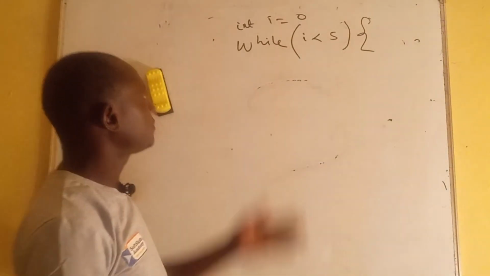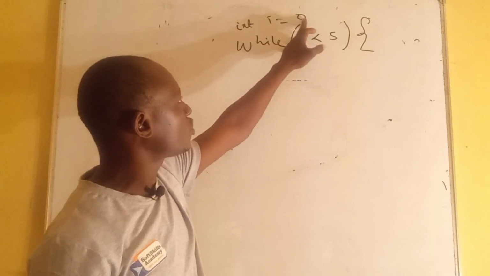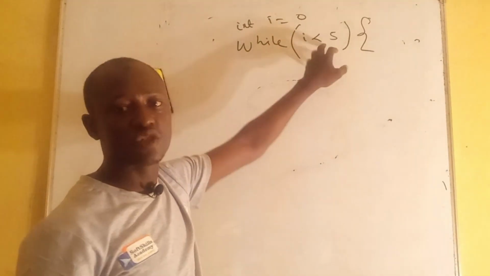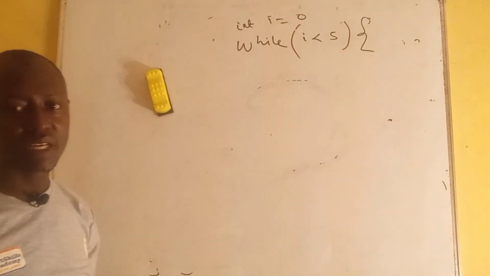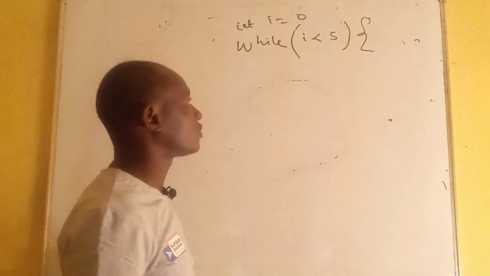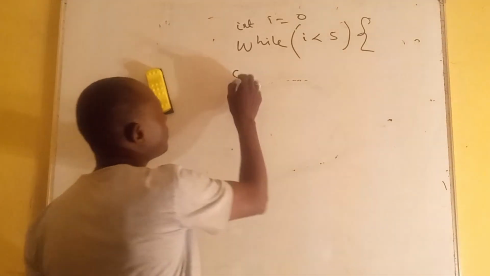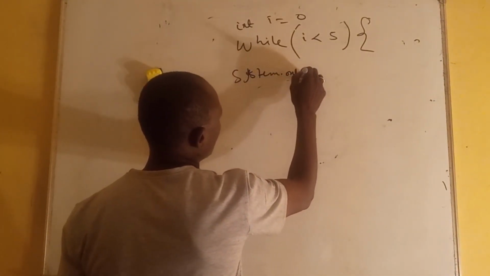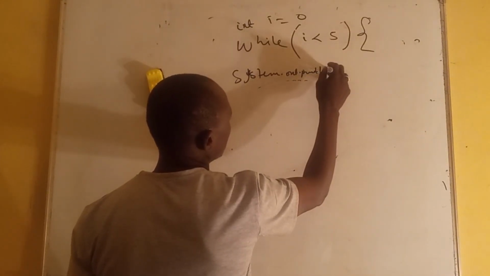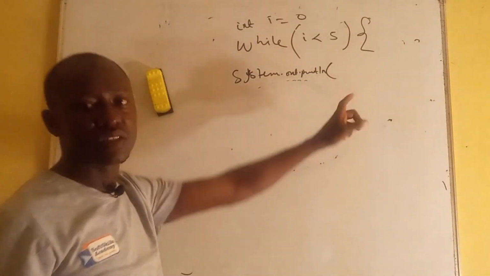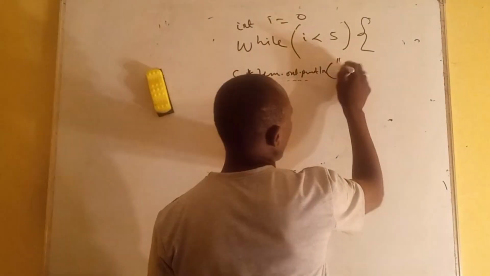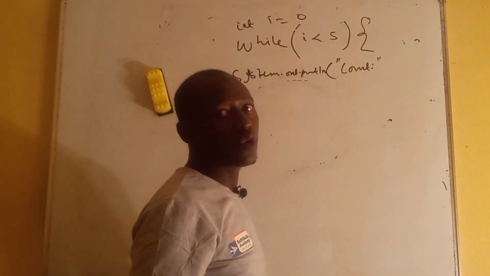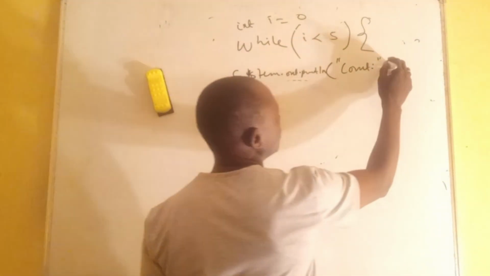So here you initialize I equals 0, while our condition, I is less than 5, then you print a statement of your iteration: system.out.print, your while loop iteration or your count, which is your I.